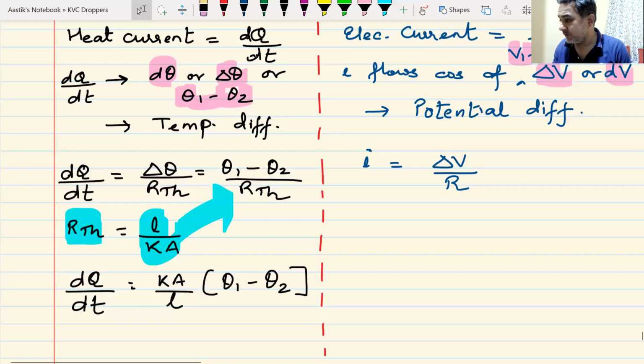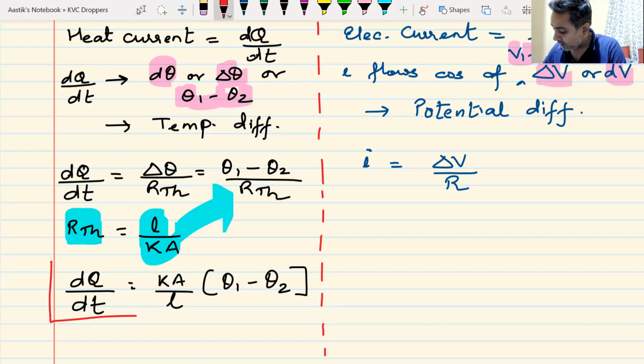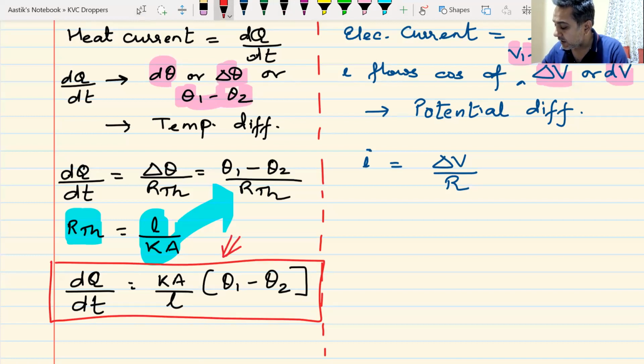And what is that simple and single formula? That formula is the one which is now in red. dQ by dt, the heat current, is KA by L into theta 1 minus theta 2. Everything else can be done with this formula. Do we understand this? Can I have a raised hand that we understand this?